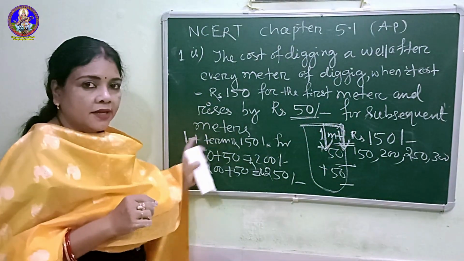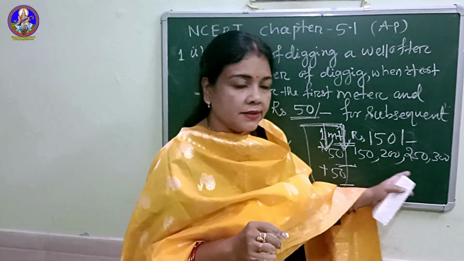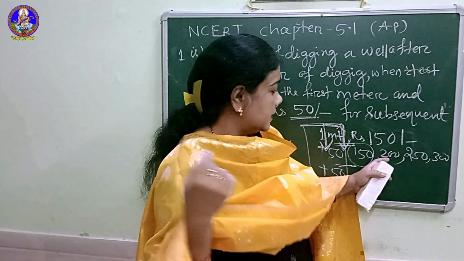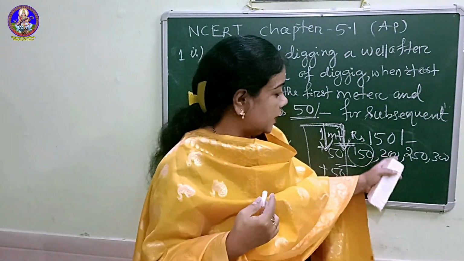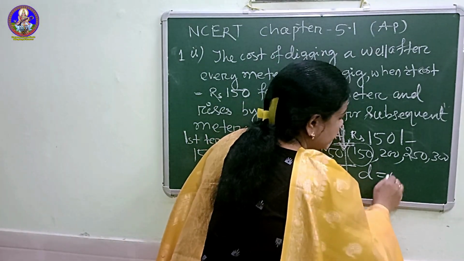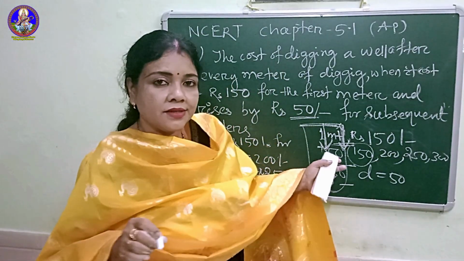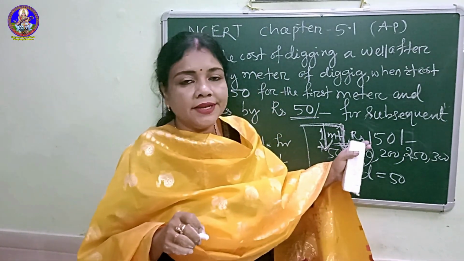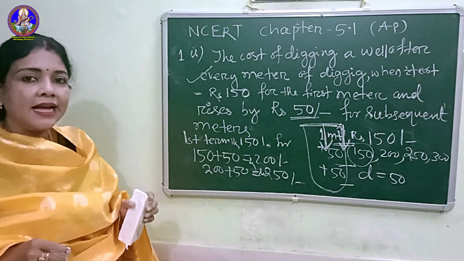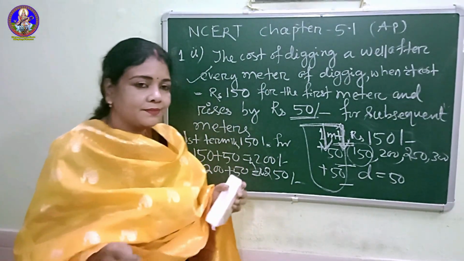Now you see in every case the corresponding difference between each term is 50. That means your common difference is 50. So this situation is also satisfying arithmetic progression. So this question is coming under arithmetic progression.